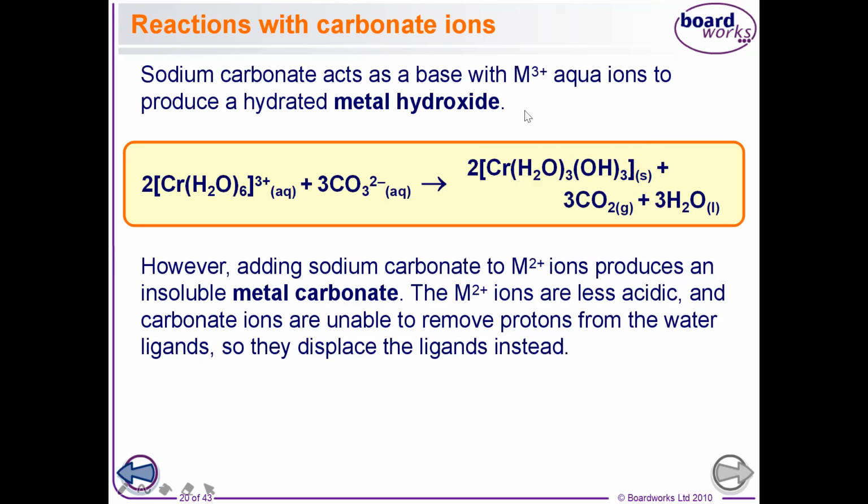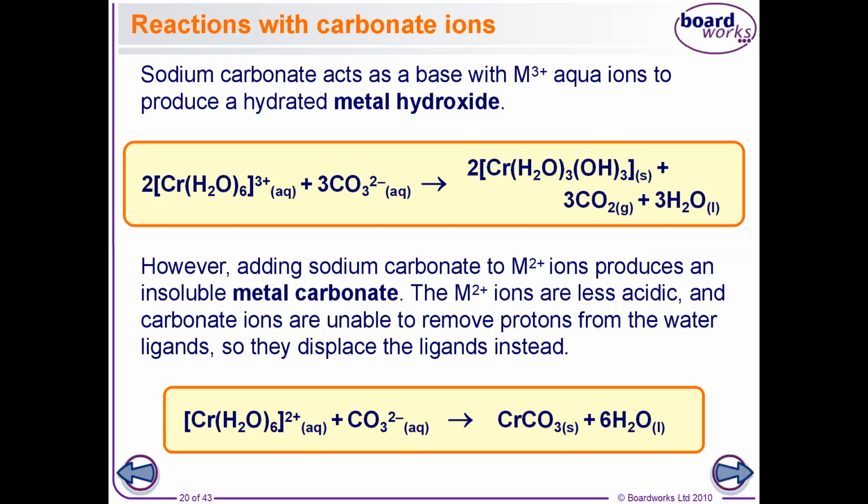However, if we add sodium carbonate to M2 plus ions, it will produce insoluble metal carbonate. The M2 plus ions are less acidic, and carbonate ions are unable to remove all the protons from the water ligands, so they displace the ligands instead. This is our equation for that.